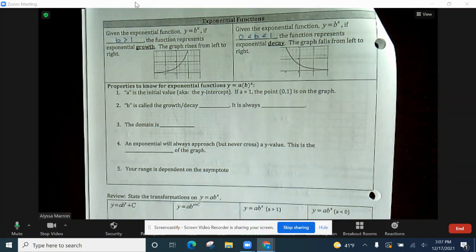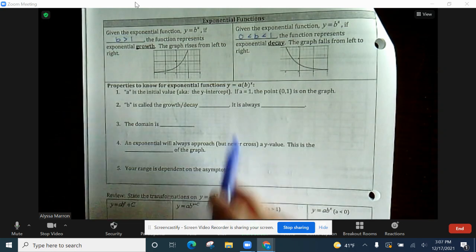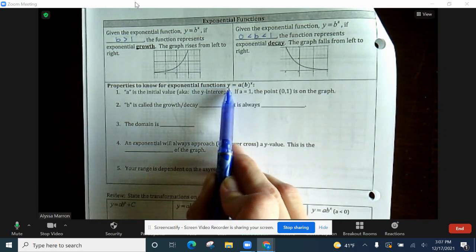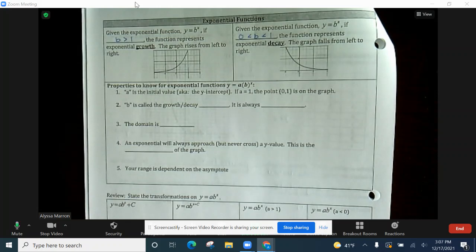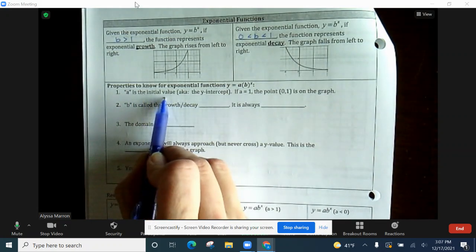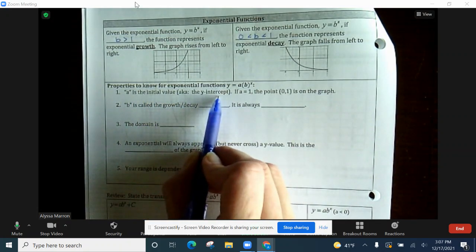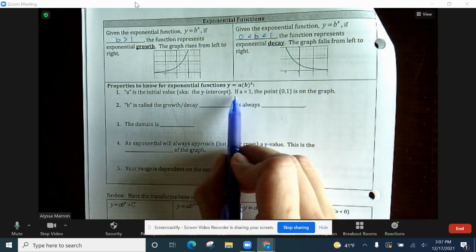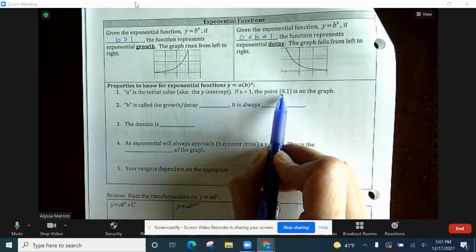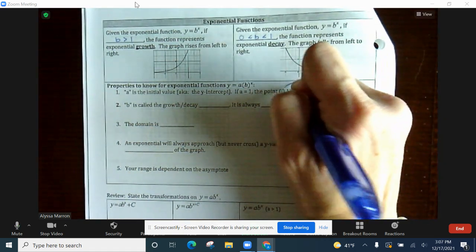So some properties to know for our exponential function. We always write it out as y equals a times b raised to the x. A is your initial value, also known as the y-intercept. So that is very important when we look at the y-intercept. We're looking for where we have an x value of 0.